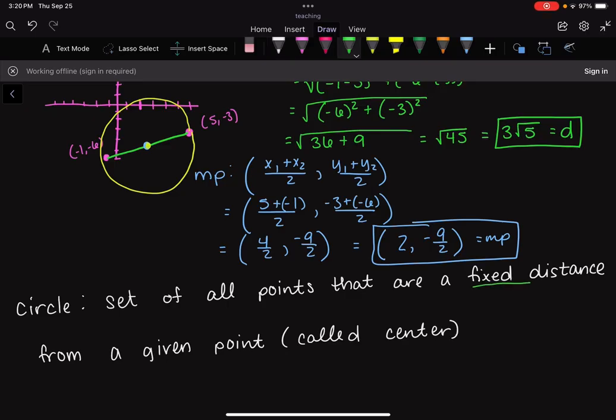Now this fixed distance that it's talking about, that's the radius. And so I didn't draw that on here, but we can go talk about it real quick. So half of the diameter is your radius.